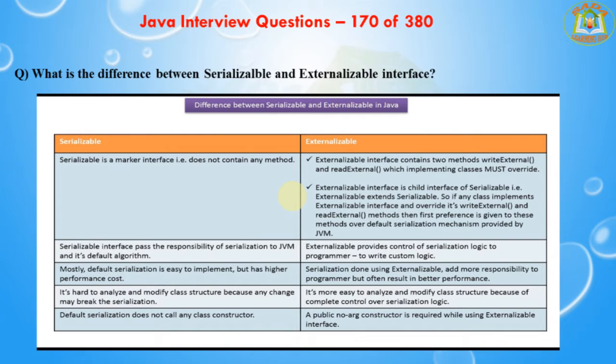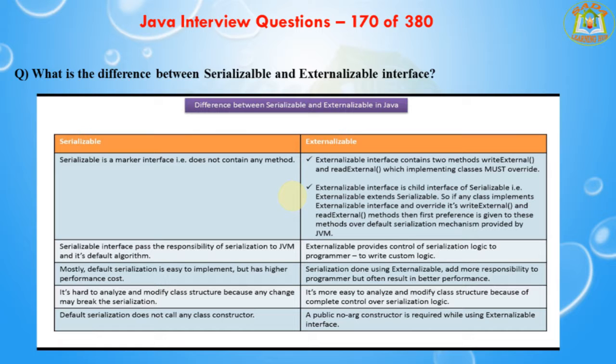The next question is, what is the difference between serializable and externalizable interfaces? Serializable is a marker interface, but externalizable is not a marker interface. When you use the serializable interface, your class is serialized automatically by default.